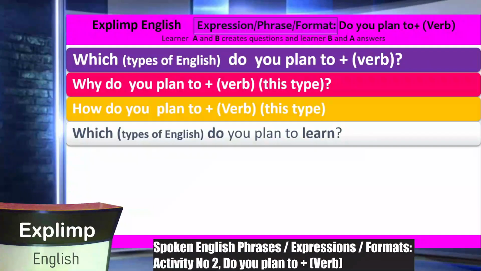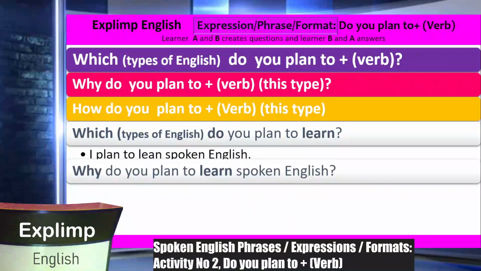My first question is, which types of English do you plan to learn? Well, the simple answer is, I plan to learn spoken English. So it is the most widely understood language. Why do you plan to learn spoken English? Why not the other types of English, for example, business English or grammar English?